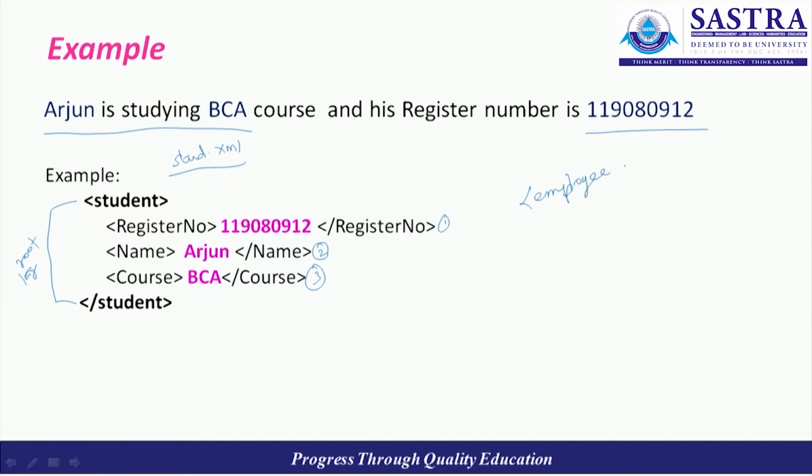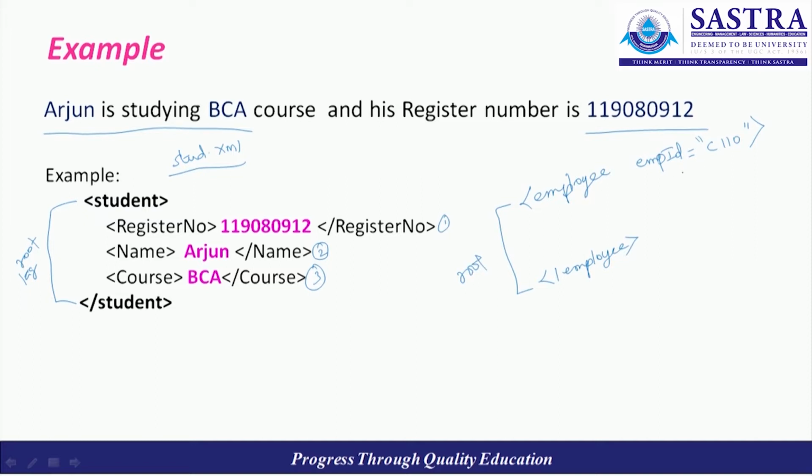Employee, and his employee ID equal to within double quotes C110. I have closed this with /employee. Opening element and closing element are included. This is the root tag.